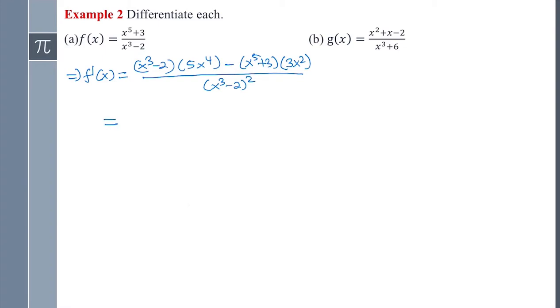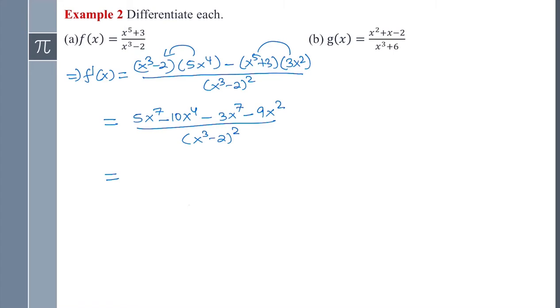Okay, let's go ahead and multiply this and simplify. So when we multiply here, we get 5x to the 7th minus 10x to the 4th. And then when we multiply here, we get minus 3x to the 7th minus 9x squared, divided by x cubed minus 2 squared.